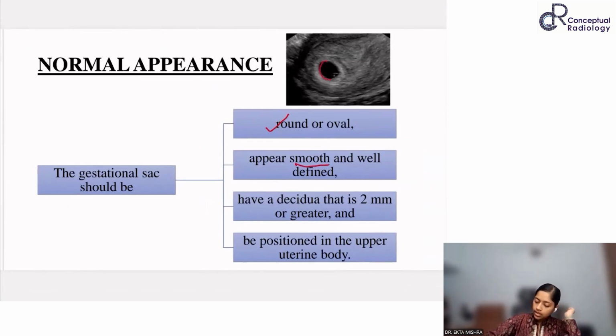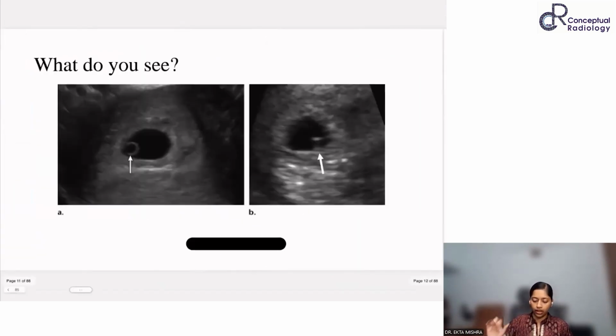The thickness of this decidual reaction should be at least 2 mm or more than 2 mm. If you are writing in your report, good trophoblastic reaction is seen, good decidual reaction is seen, that means you are telling them that this is at least more than 2 mm, and the position should be in upper uterine body. Okay, so upper uterine cavity.